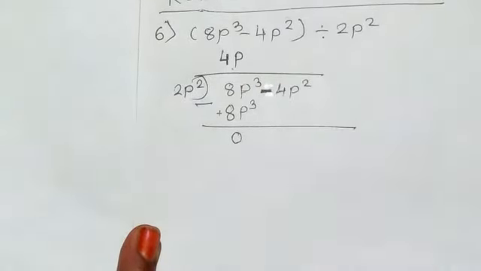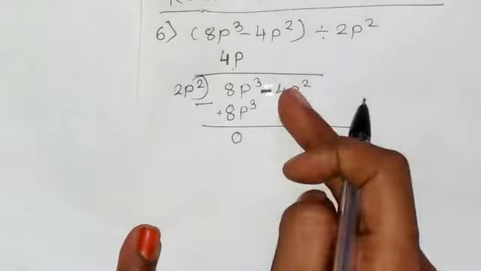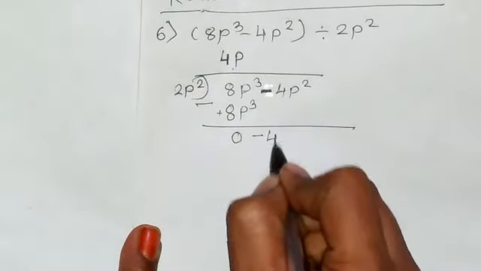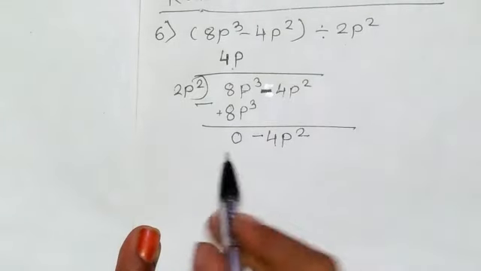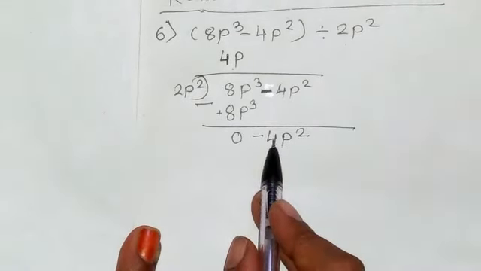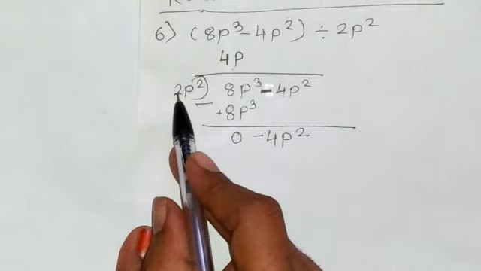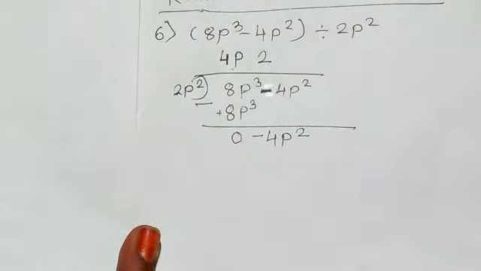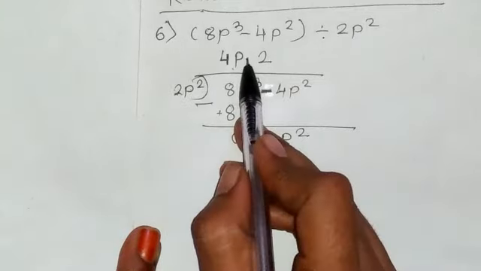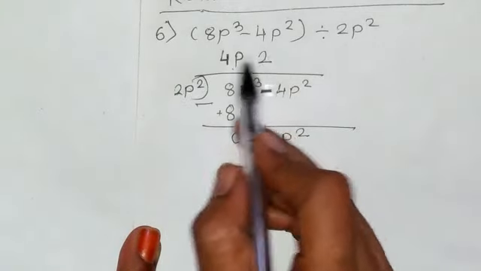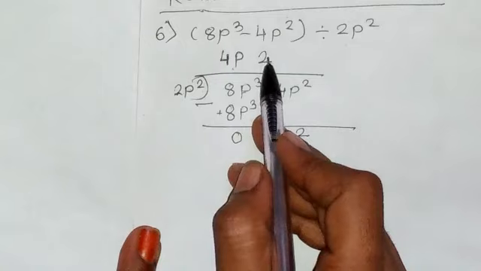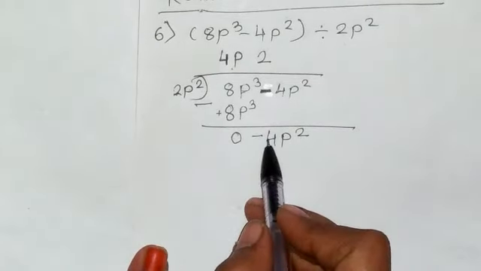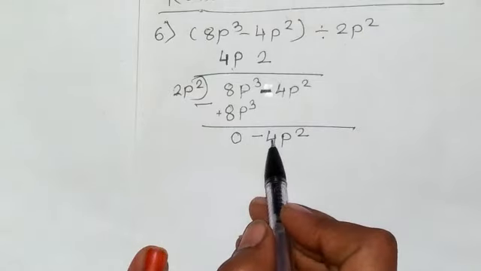Now in the next step we carry down negative 4p square along with the symbol. Now this negative 4 is going to be divided by 2. So 2 2s are 4, so here we are going to write the number 2. But students, which symbol do we have to keep between these two terms? We want the answer negative 4.